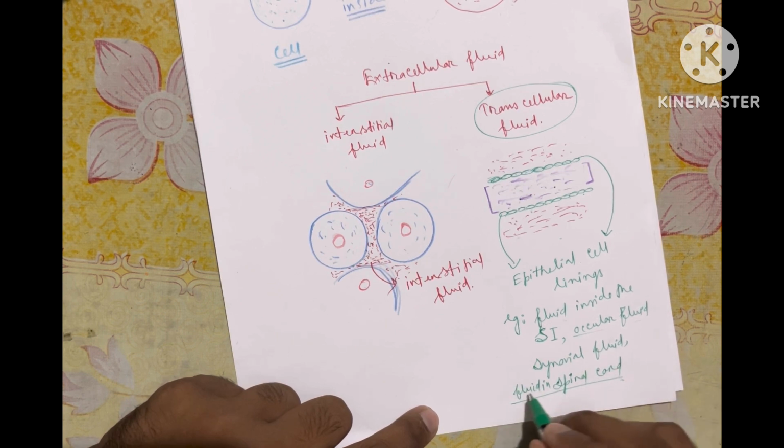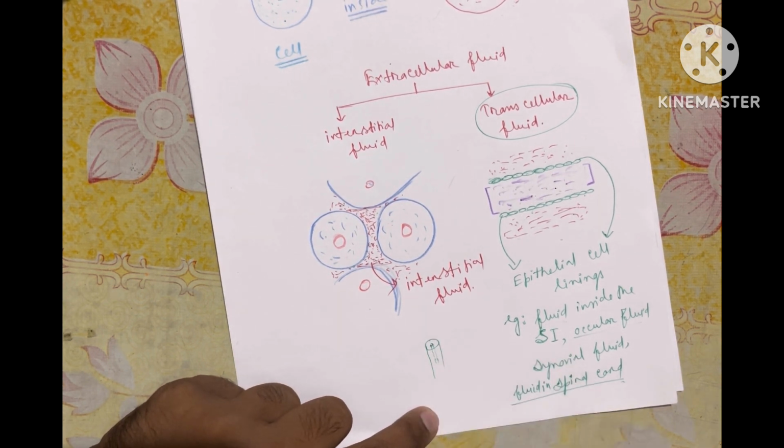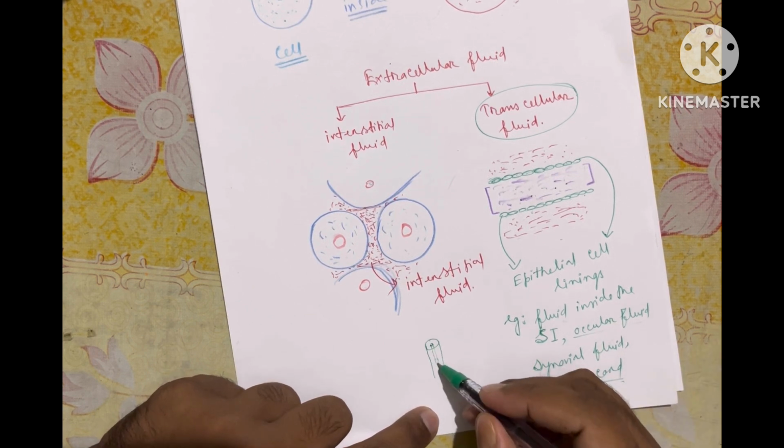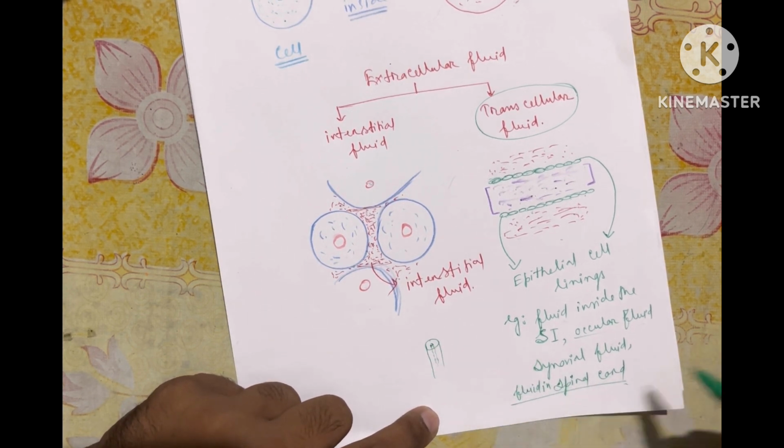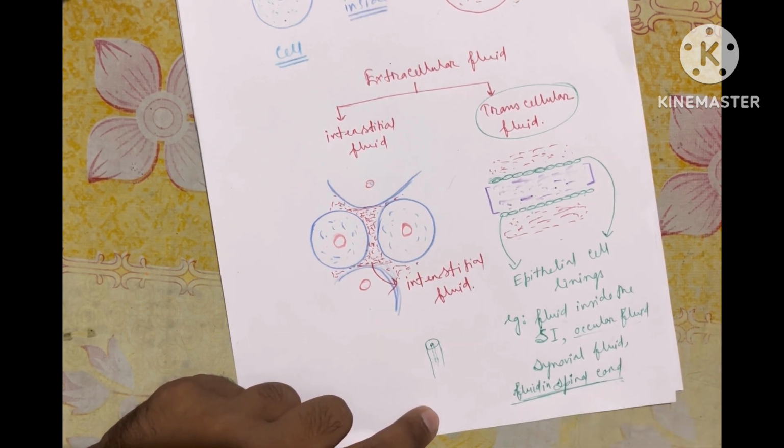Inside our spinal cord there is a central canal, and through this canal it is filled with cerebrospinal fluid. So that is the fluid present in the spinal cord.